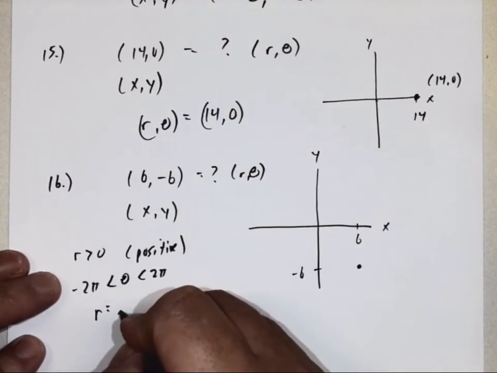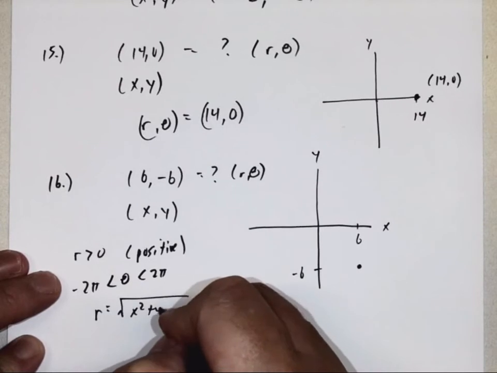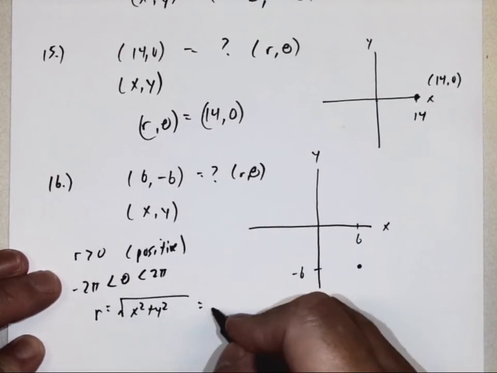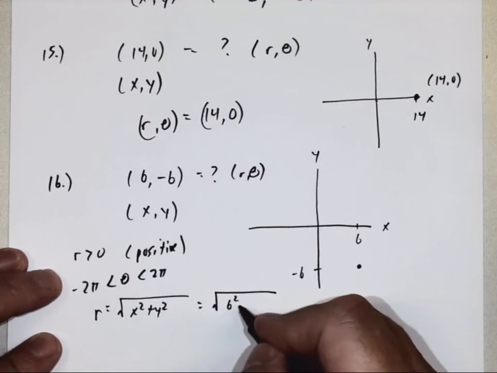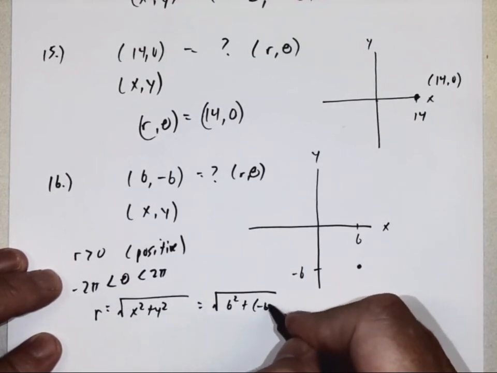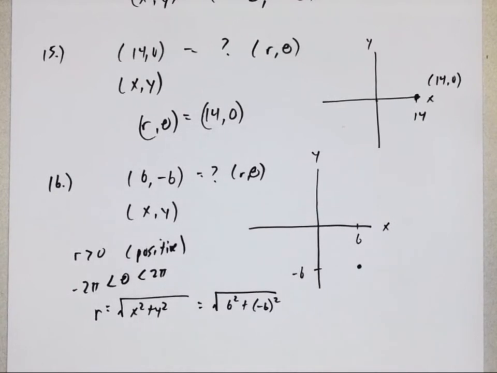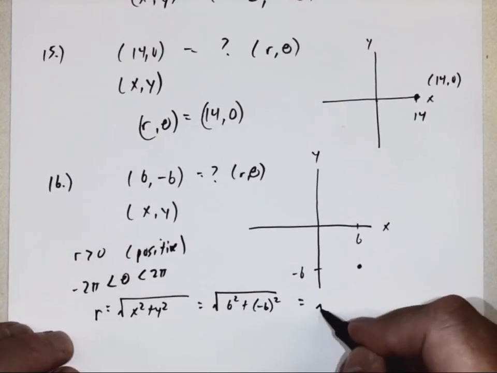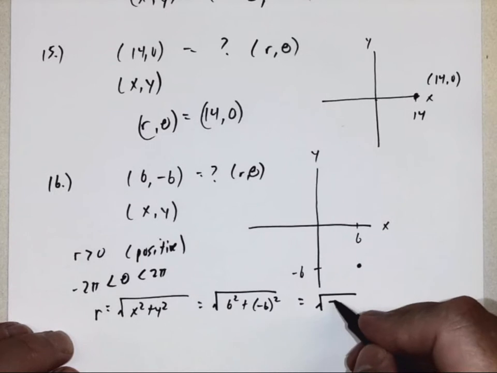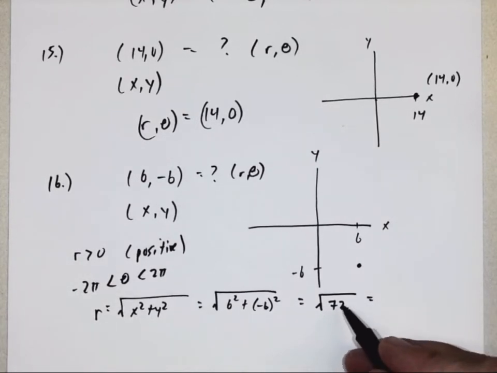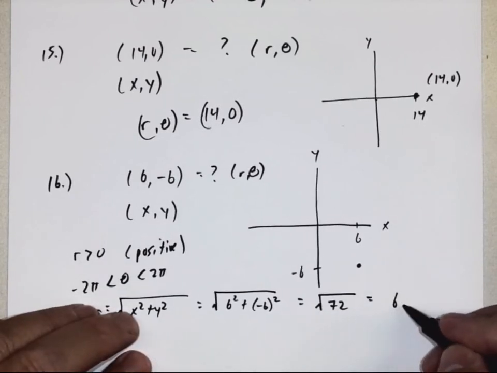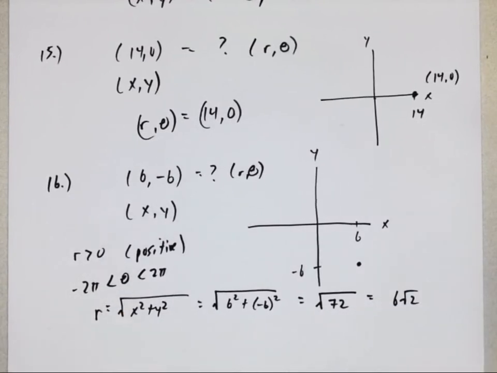So r is the square root of x squared, 6 squared, plus y squared, -6 squared. 36 plus 36 is 72, but this simplifies. 36 times 2, so 6 square root of 2. So r is going to be 6 square root of 2.